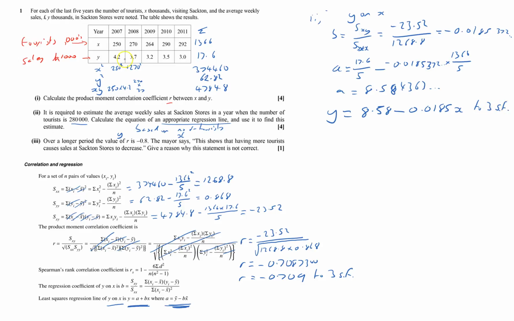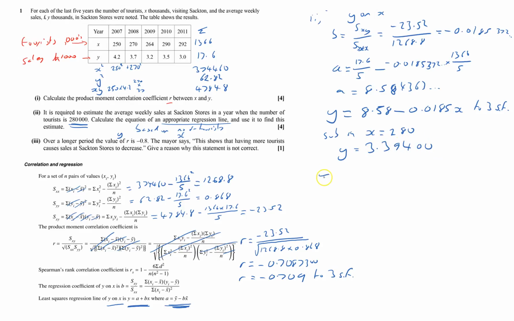Don't really need three significant figures because the y is only given to two significant figures. I've now got to find it where the number of tourists is 280,000, but watch out because the tourists are in thousands, so I need to sub in x equals 280.